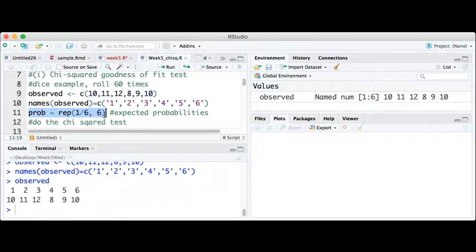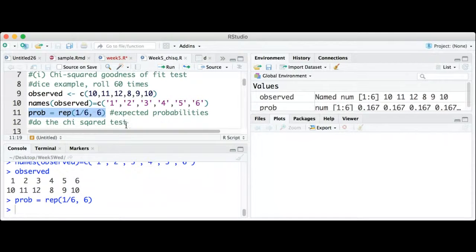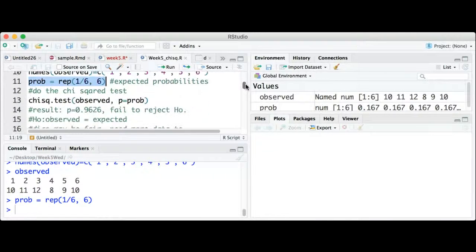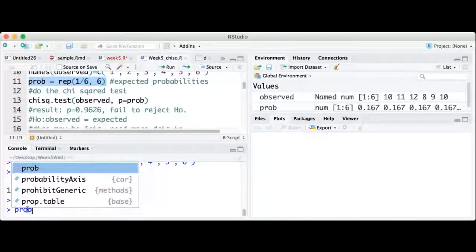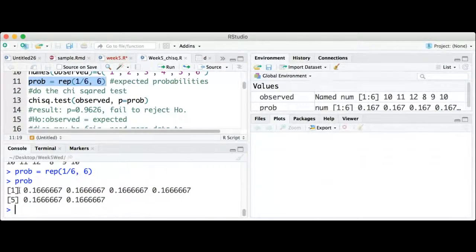And I'm going to say what the probabilities are. I just did that by using the rep function to repeat. I could have just typed it out as a vector, which is only 6. Just to show what that is, you see it's 1/6, 6 of them.